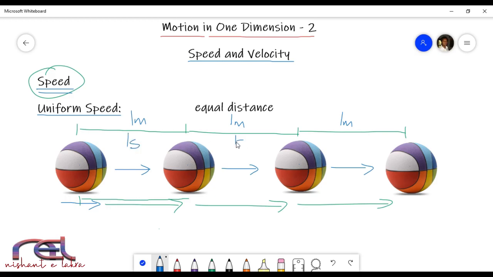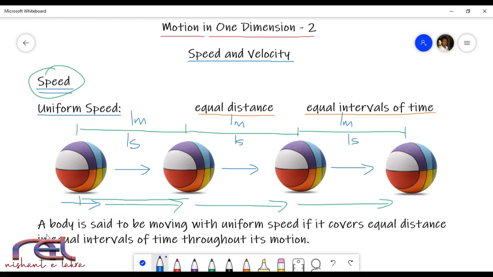When the volleyball started to roll, to reach 1 meter, it took 1 second. And from that second point, when it rolled another 1 meter, it took 1 second. And likewise, to reach the 4th point, it again took 1 second. So here the distance is the same and the time interval is the same.